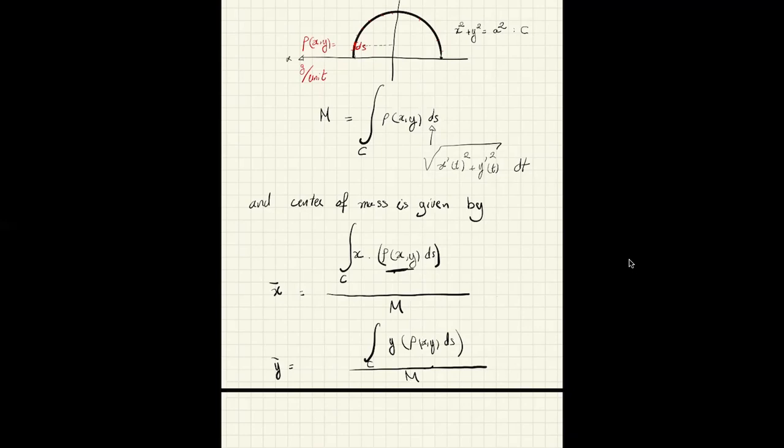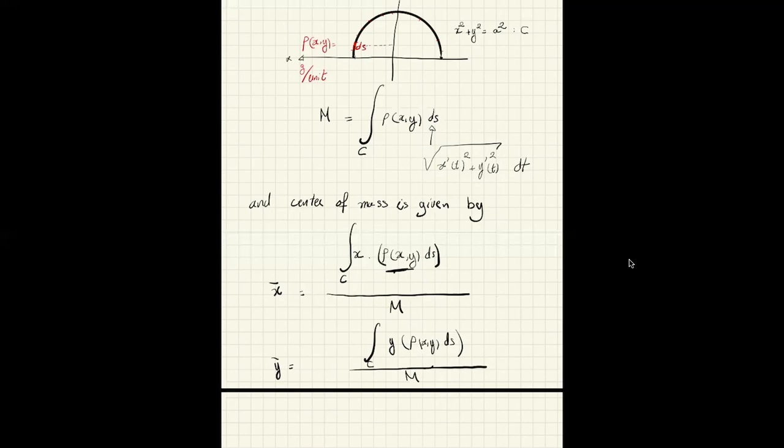It's going to be a function of three variables that gives you how many grams you have per unit cube, right? And it varies throughout the solid, and then you have to multiply by the small amount of volume and integrate over all the volume. For each of these little cubes, you multiply by x, multiply by y, multiply by z, and then you do a triple integral, as you will see, and you divide by the mass.